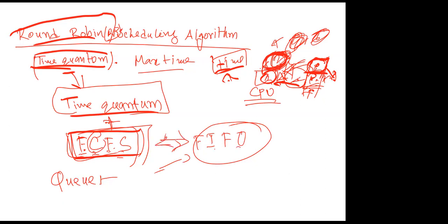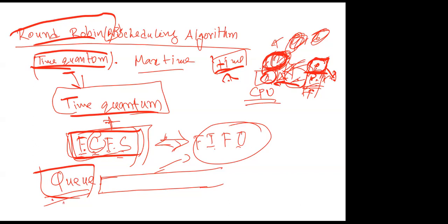So in the round robin algorithm, a queue data structure is used. Keep in mind that it is a combination of time quantum plus FCFS, and it uses a queue data structure.